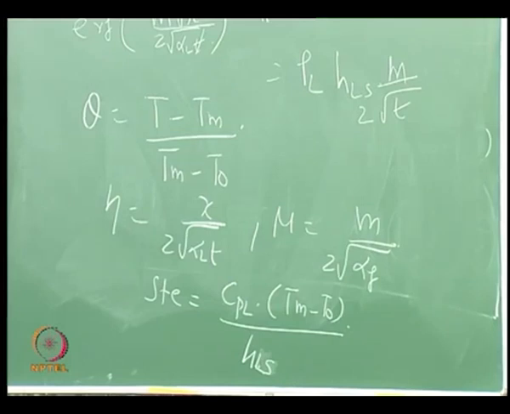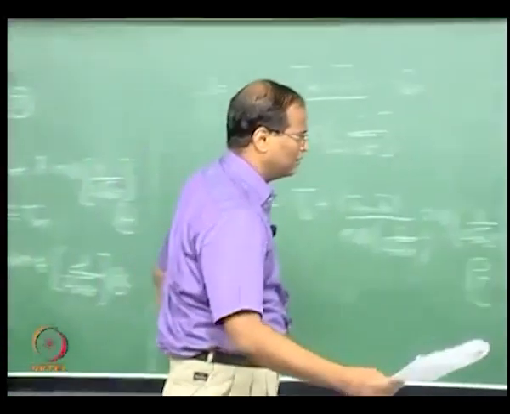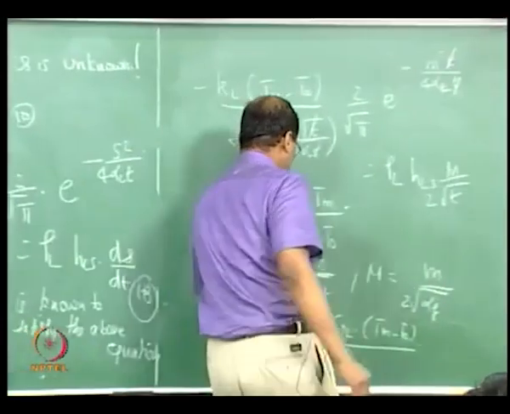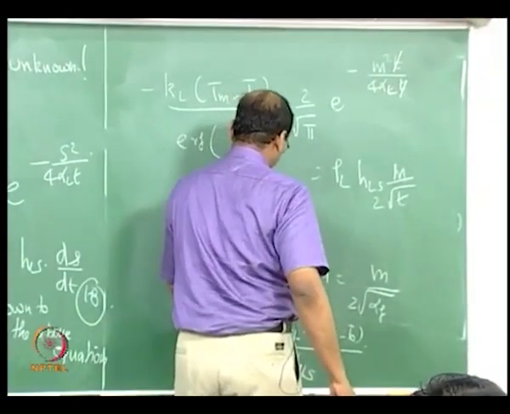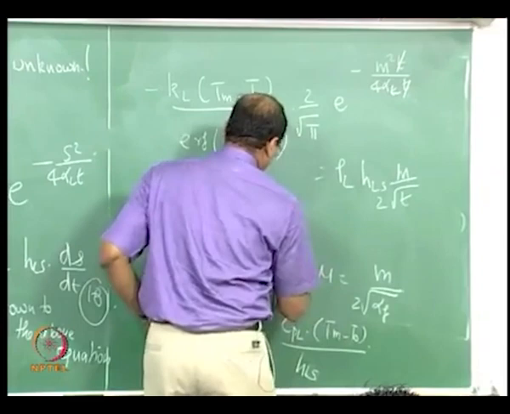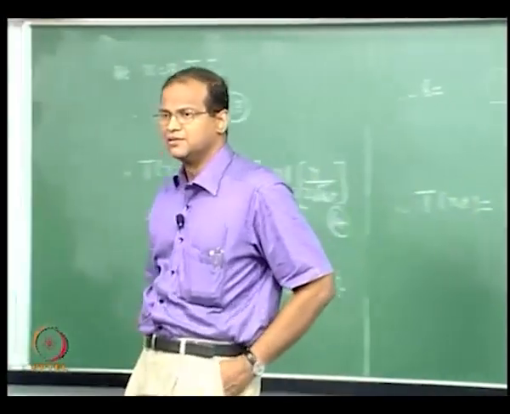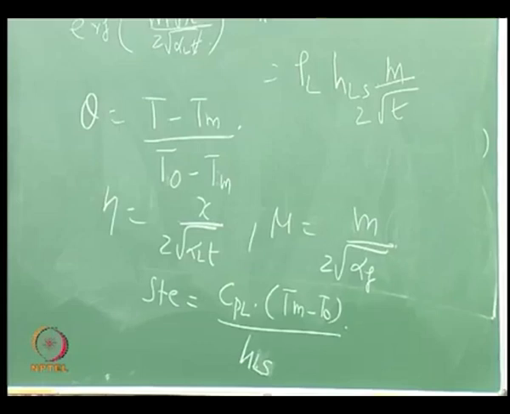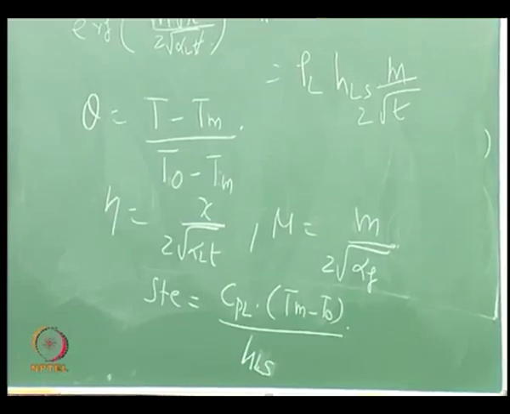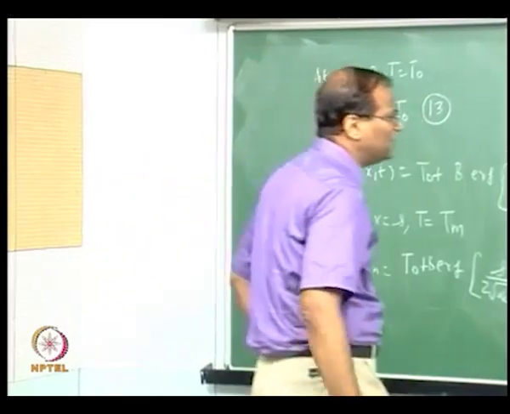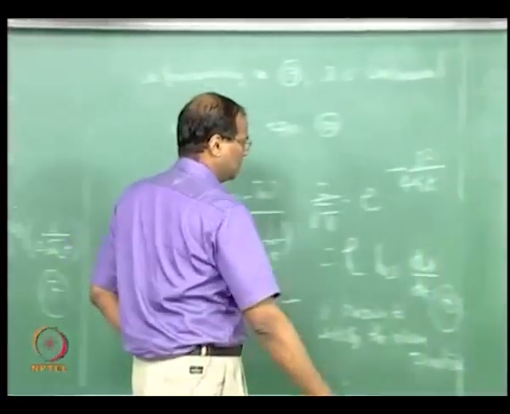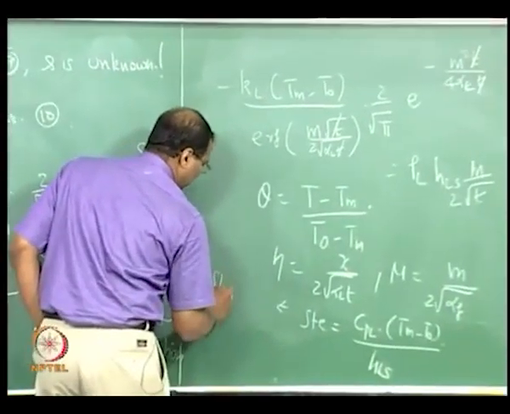Theta, T minus Tm by T naught minus Tm, is the non-dimensional temperature. Eta is a similarity variable, a non-dimensional variable. Mu is another non-dimensional variable which depends on m, and then the Stefan number, which is CPL (Tm minus T naught) by HLS. So this is the Stefan number.